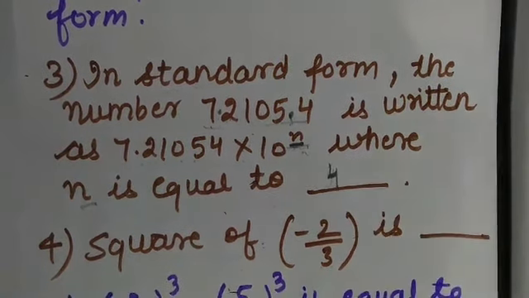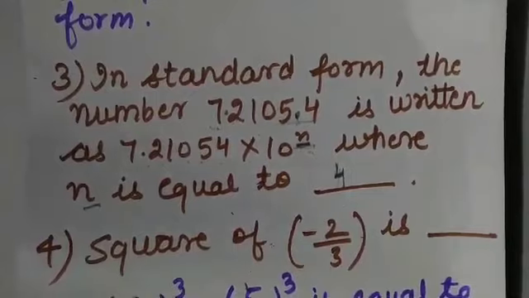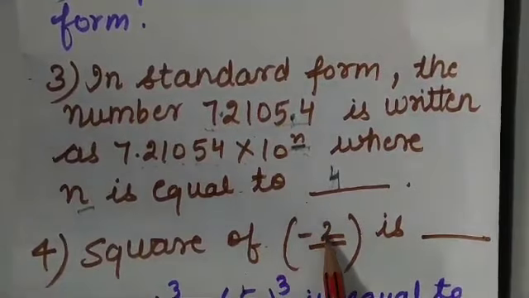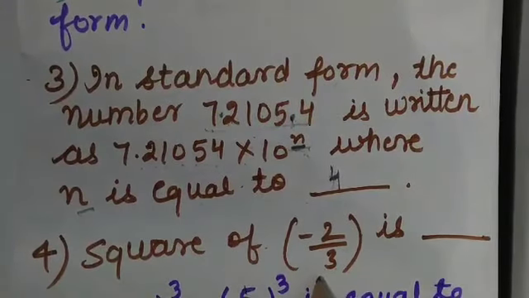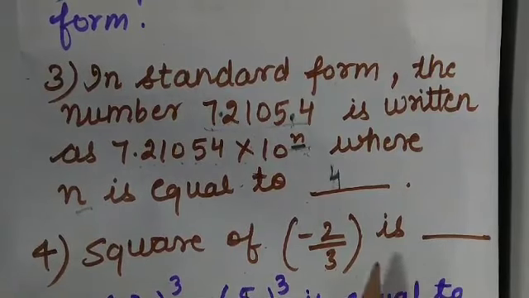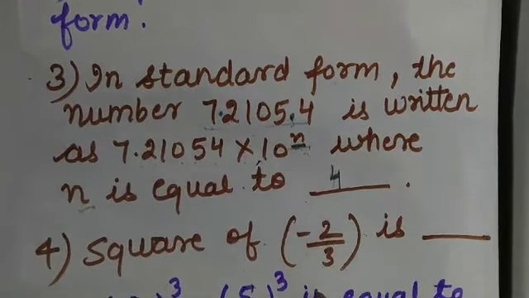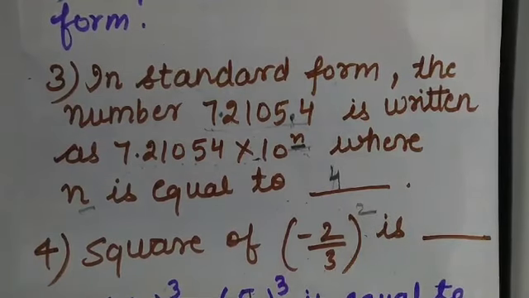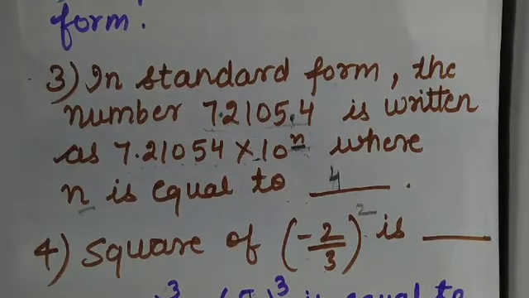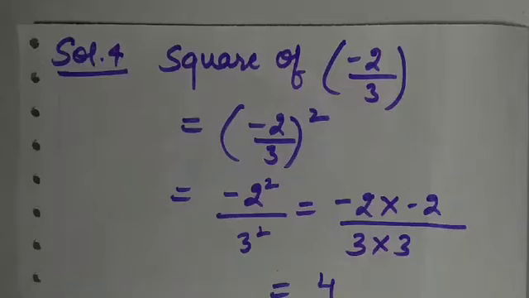Come to the fourth question. The fourth question we are having is: the square of minus 2 by 3 is. We have to find the square. Square means raised to the power 2. It means we have to find the value of minus 2 by 3 raised to the power 2. Okay, how will you find it? Let us discuss.